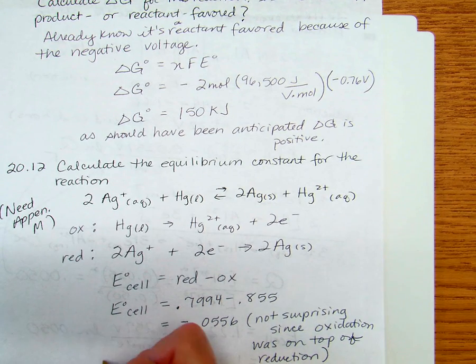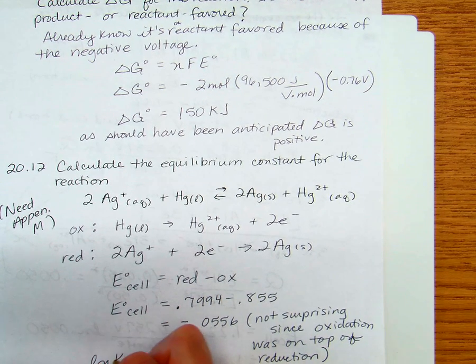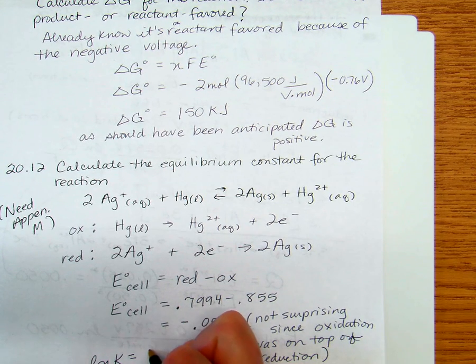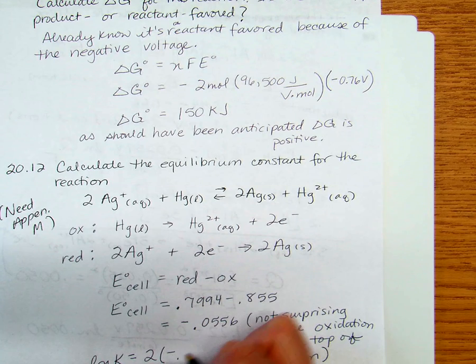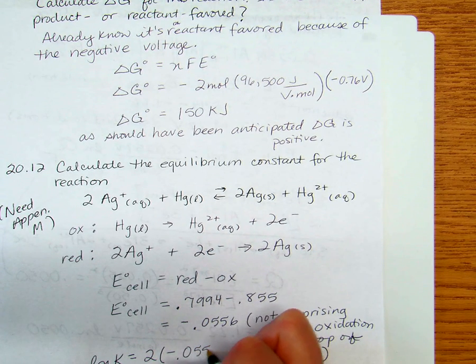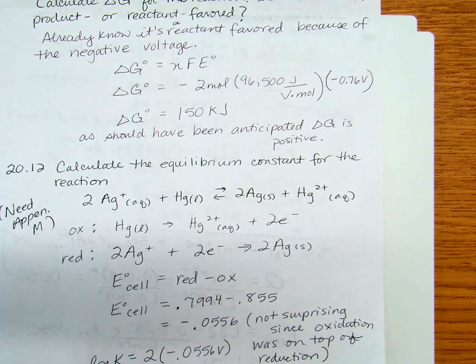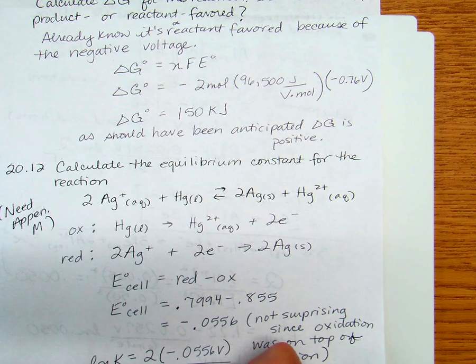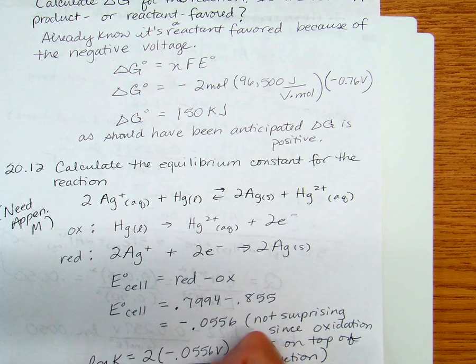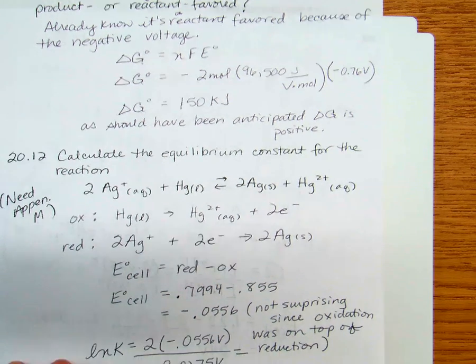So we now know, as we go ahead and calculate our equilibrium constant, log K is equal to 2, that's our number of moles of electrons, minus 2 times negative 0.0556 volts. And that's, oops, I'm a little bit too low.